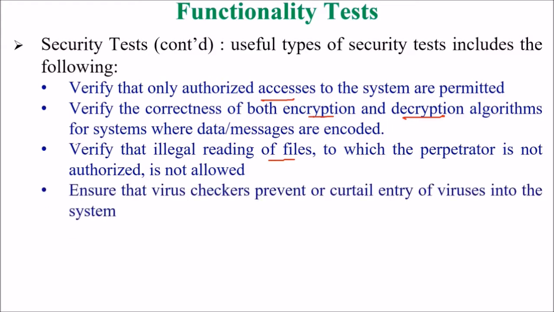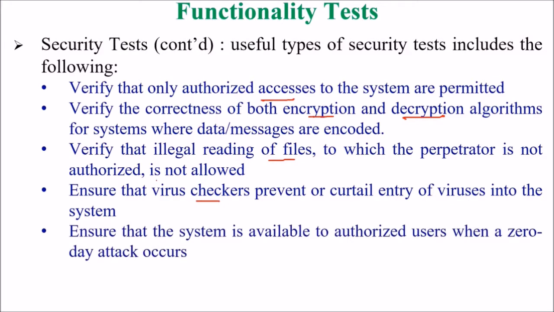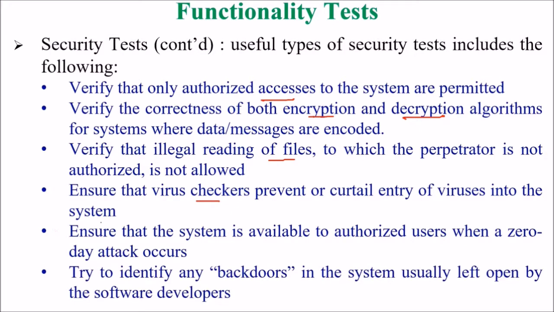We need to ensure that the virus checkers prevent or curtail entry of viruses into the system, and also ensure that the system is available to the authorized user when a zero-day attack actually occurs, and try to identify any vulnerability, that is the backdoor in the system usually left open by the software developers.